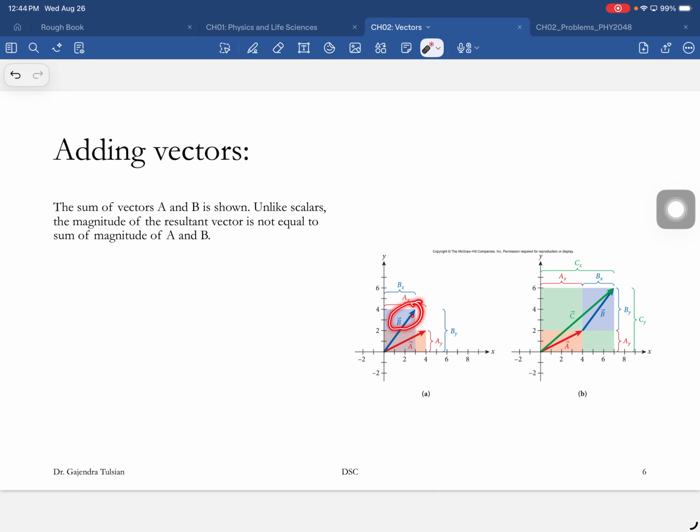Remember, we said that we can move a vector anywhere, as long as it's pointing in the same direction and has the same length, it's equal to that vector. So if you want to add these two vectors, you take B, the tail of B is drawn on the head of A, and the sum is from the tail of A to the head of B. That's how you add vectors. So that's the sum of A and B.